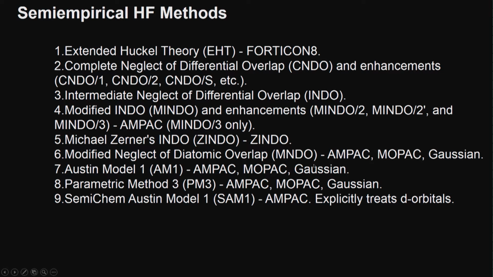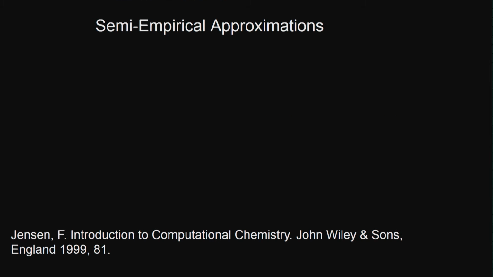Mopac is there, Mopac takes care of that. Then we have AM1, Austin Model 1, then parametric model PM3, then SAM1, and PM3 has become even PM6. So, a large number of semi empirical methods. Generally Mopac is a good program, and we can use these methods, which are really good for your calculations.